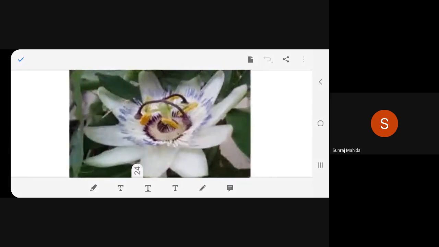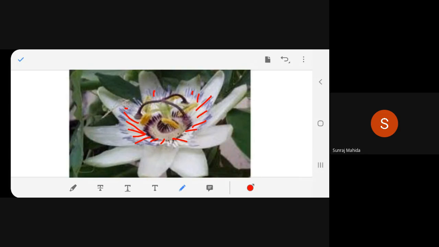Now look over here. What is this? See, this one is a flower, a beautiful flower. So this is female. And the males, can you see these? These are all males. Got it?